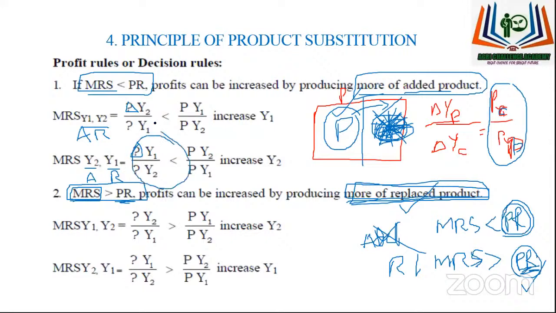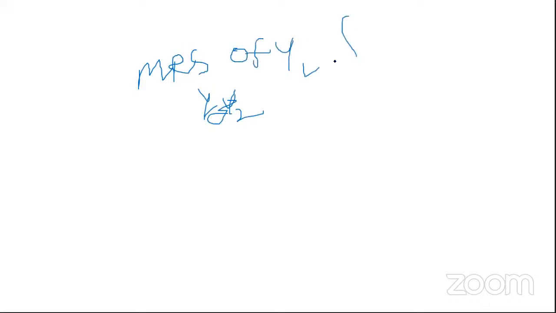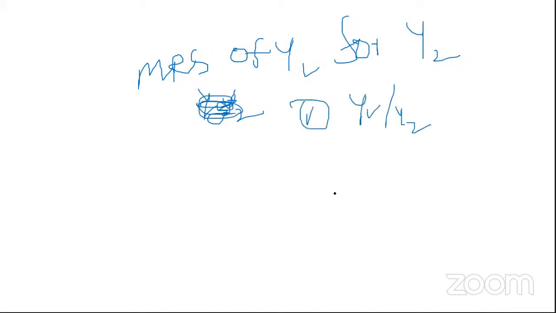A simple bit asks for the marginal rate of substitution of y1 and y2. In word format, the marginal rate of substitution of y1 for y2 is represented as follows. The first option is y1 by y2. The second option is y2 by y1.